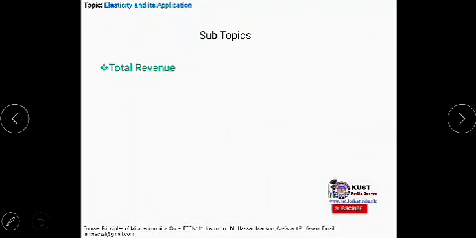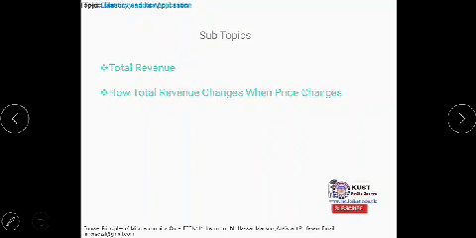The topics that we would cover today in this lecture are total revenues and how the total revenue changes when the price changes. The reference book for the subject is Principles of Economics by Gregory Mankiw.